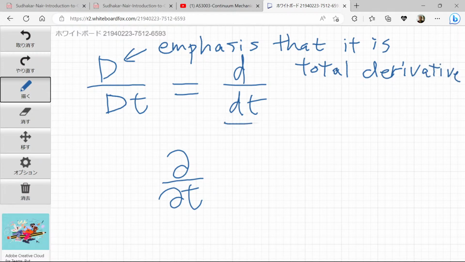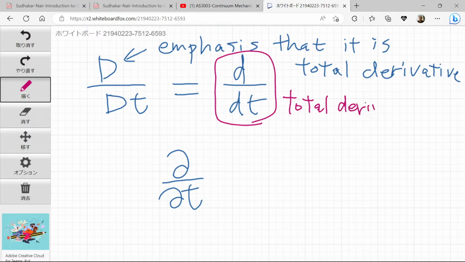Okay, and for this one, just by definition, this is the total derivative. And this capital D is just the emphasis of this total derivative.